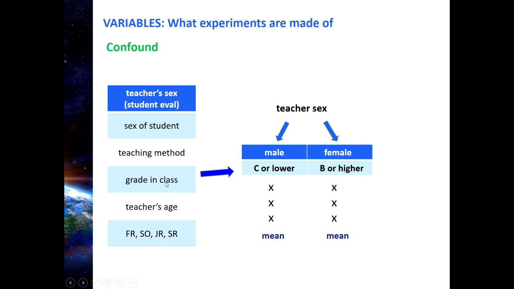But maybe they're different because of the grade earned in the class. Grade earned in the class is the extraneous variable that became systematically different between our groups. So this extraneous variable has become what? A confound. Confound rhymes with dumbfound. We're dumbfounded. We don't know anymore why the groups are different.